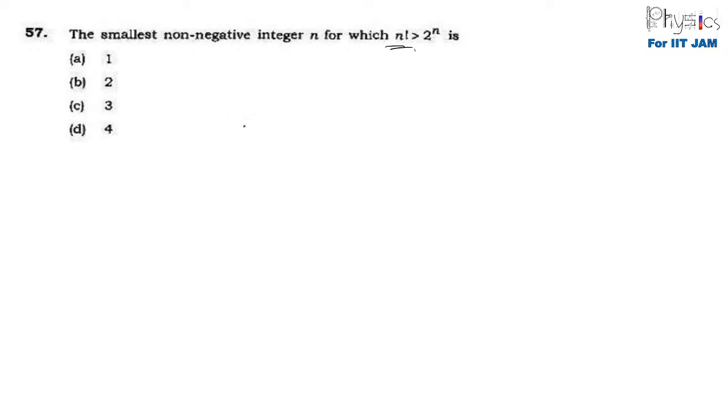See, you need to start with the last option, because whenever we come to the factorial, if we take the factorial of 1, it would always give us 1, and 1 factorial is less than 2 to the power 1, that is 1 is less than 2, and similarly with the low values.